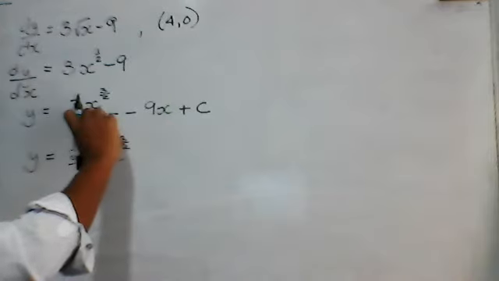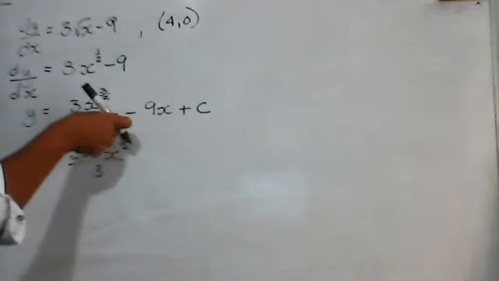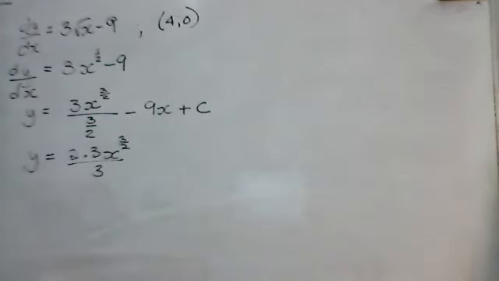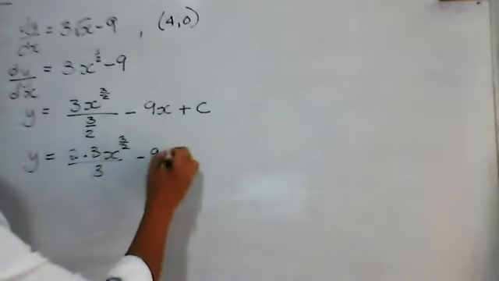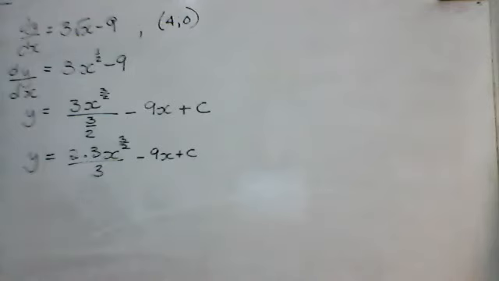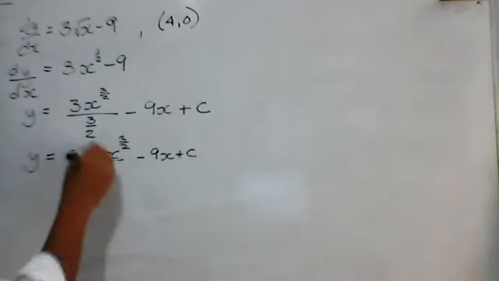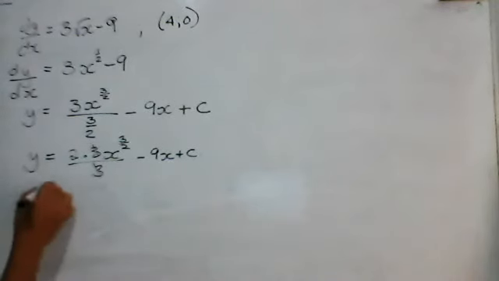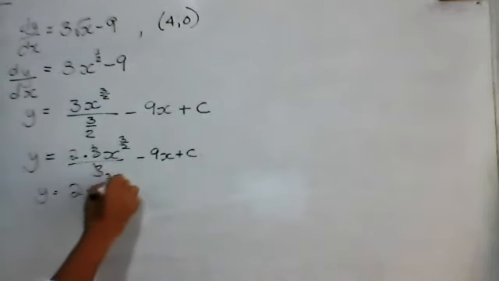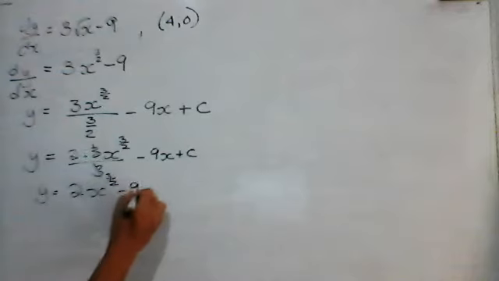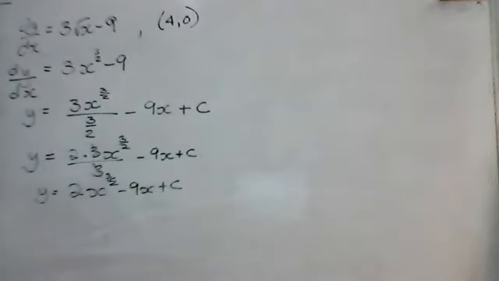Basically I swapped these around and multiplied 3 over 1 times 2 over 3, minus 9x plus c. Simplifying this, cancel those out. Now we have a function y is equal to 2x to the power 3 over 2 minus 9x plus c.